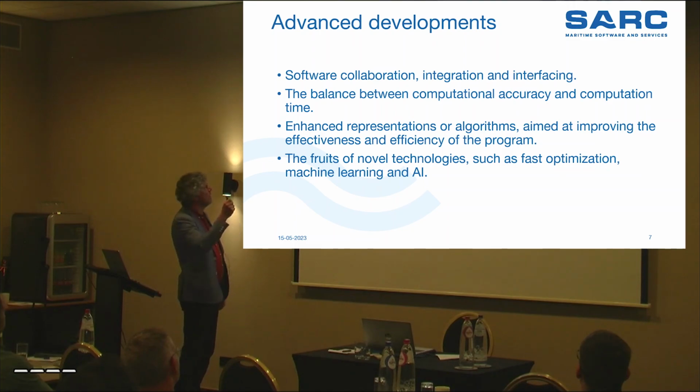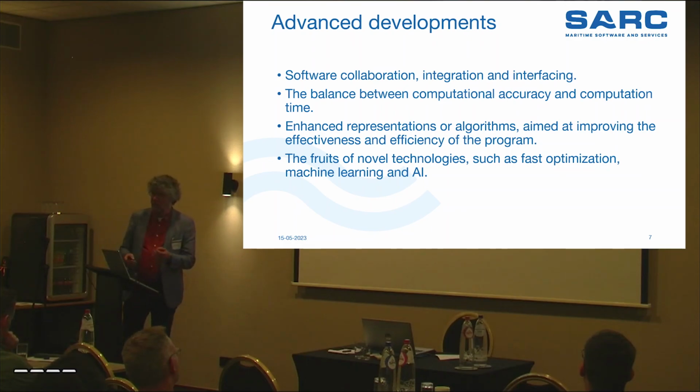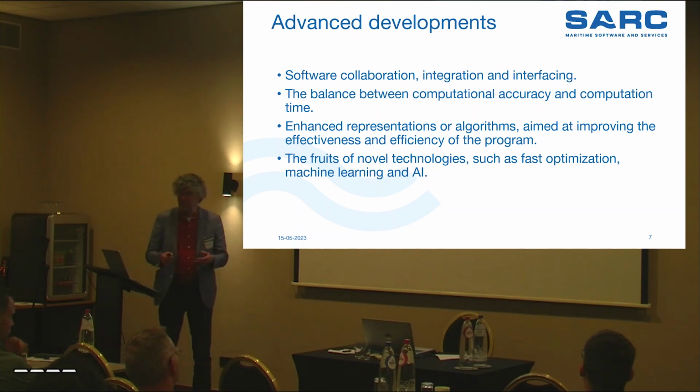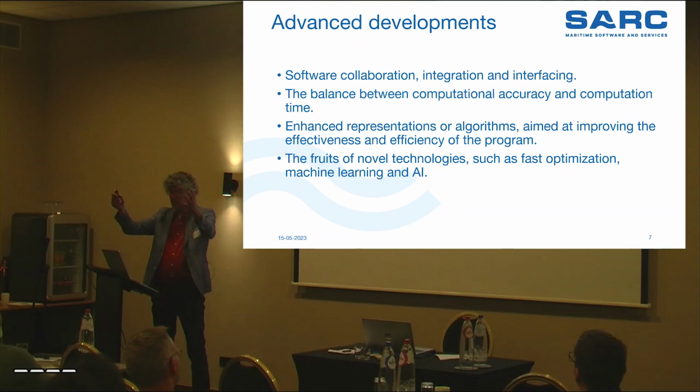That was on the usual, common development of software. There are also advanced developments. We have told you today a little bit about that: on software collaboration, on integration and interfacing, on the balance between computational accuracy on the one hand and computation time on the other hand, enhanced representations or algorithms. As we have shown with the layout battle a few minutes ago, we did not make that for nothing.